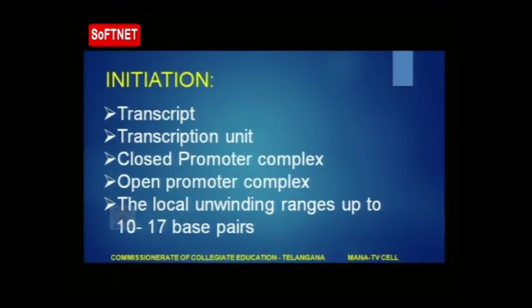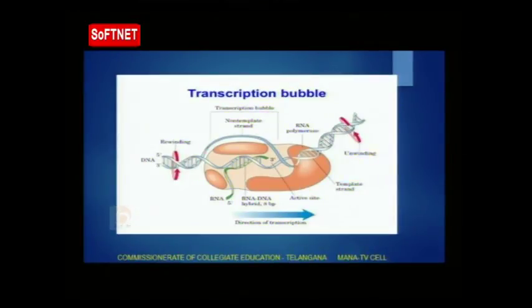This is an important step in the initiation process, and we can conclude that the initiation process has started. About 10 to 17 base pairs can be unwound for the transcription process to occur.